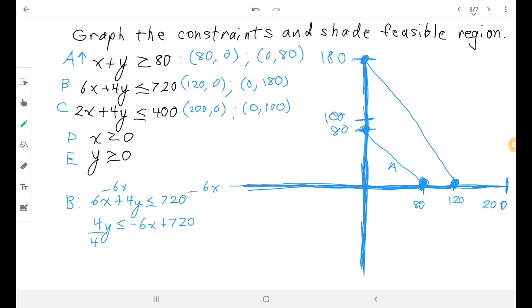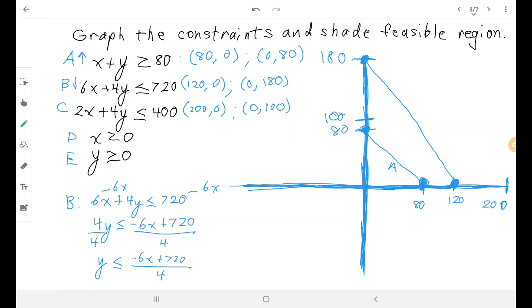And then divide by 4, and I'm just going to divide the whole thing by 4 because all I'm really concerned with is, does this change the shading? And it does not, because I'm dividing by a positive number. You only flip the inequality if you multiply or divide by a negative number. So this is still less than or equal to negative 6x plus 720, all of that over 4. There is some more simplification to do, but I'm not concerned with it.